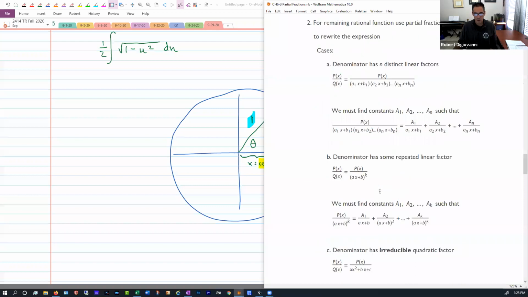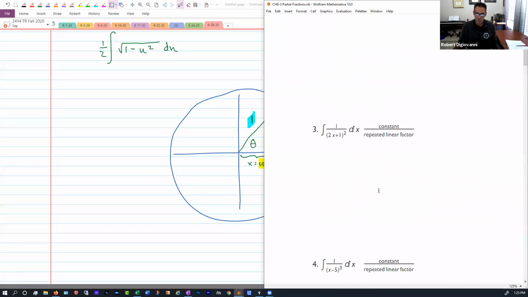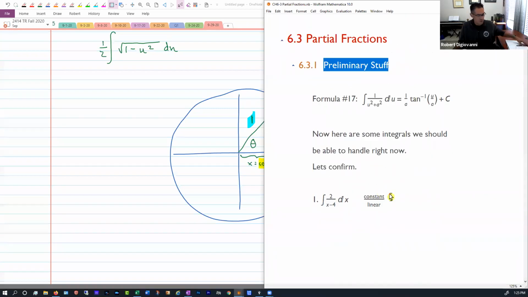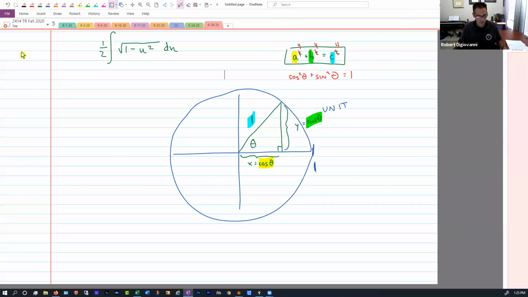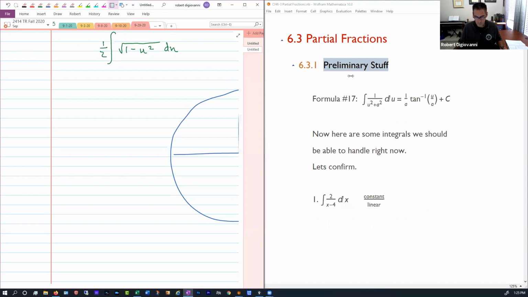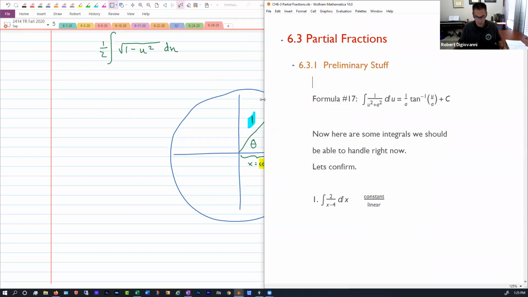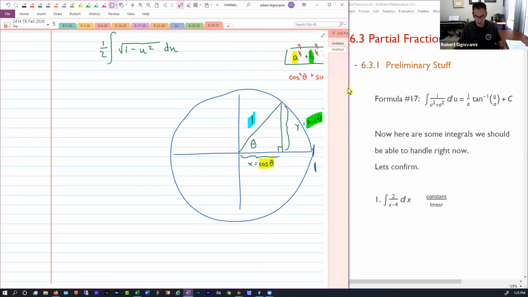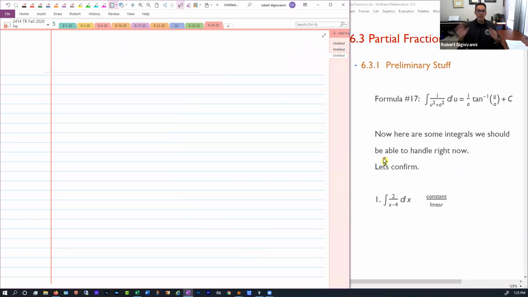So we start way back up here, with the things that we should know walking in right now. First thing that we all need to understand is formula 17.